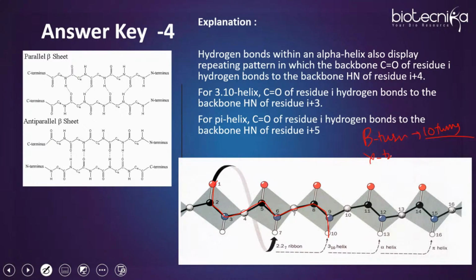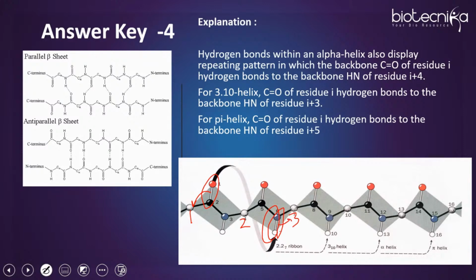Now gamma turn, it is formed by N to N plus 2. So N to N plus 2 means you will have this as the structure, right? Because this is first amino acid, second and third. The bonding is from CO of the first amino acid to the NH of the third amino acid.